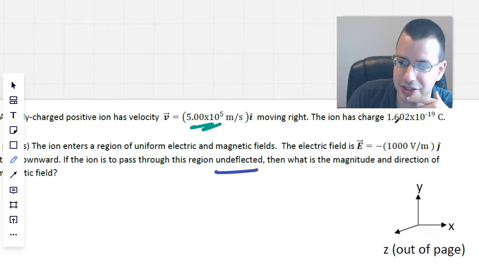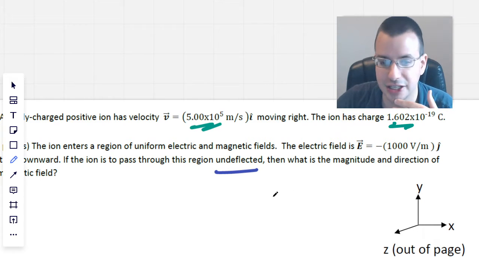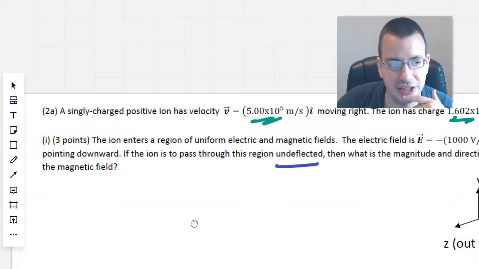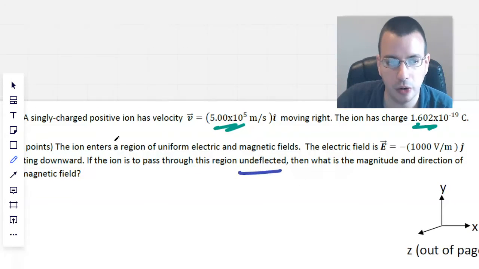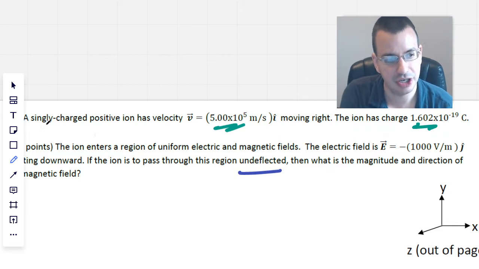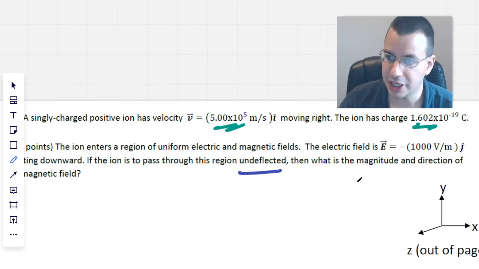Another thing is, wow, that's kind of an odd number, 1.602. That's the charge of a single electron, times 10 to the negative 19th coulombs. When it says singly charged, it means it's missing one electron. So this is redundant, singly charged and giving you the charge of the ion, because they're saying the same thing.